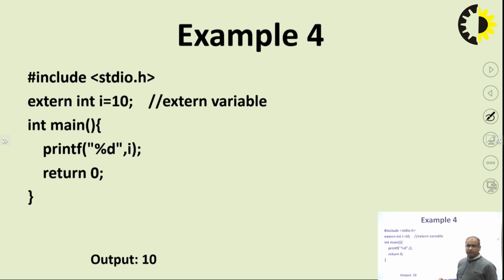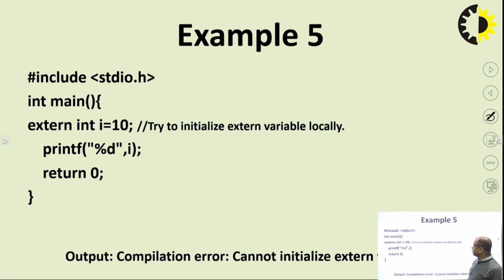See this example. Here, extern int i = 10, the external variable is declared and defined. We are going to print that variable. What will we get? We will get 10. So that is the use of an external variable.